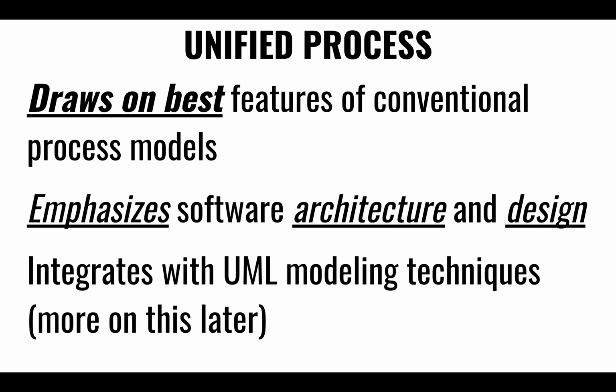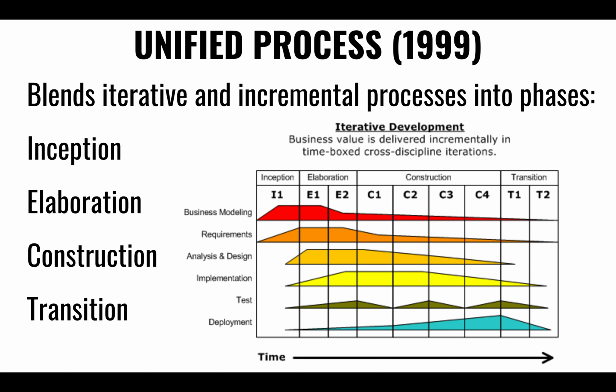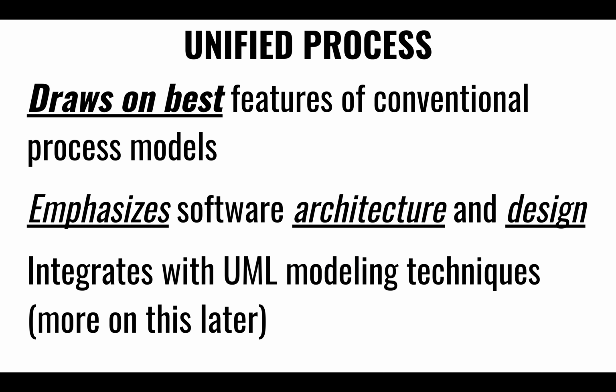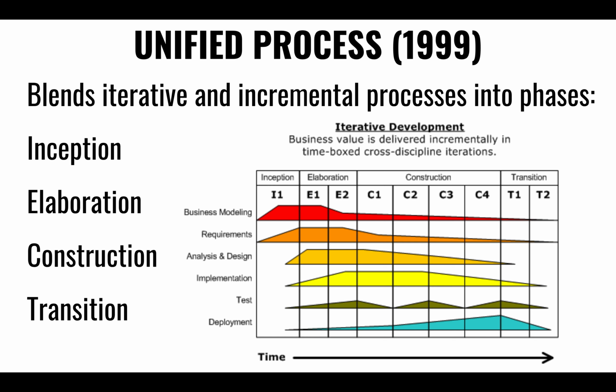project. The Unified Process, in the late 90s, took on several ideas from different processes. The prototyping process and the iterative process, taking some of the ideas from previous models and combining them into a unified process, right? It took the best features of multiple processes and combined them, with an emphasis on architecture.